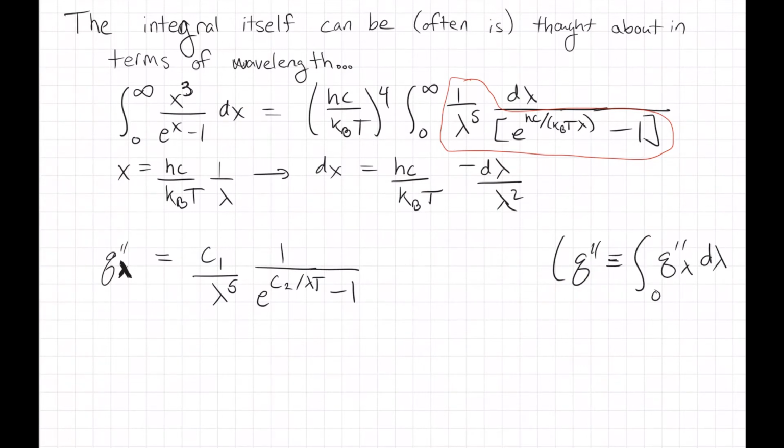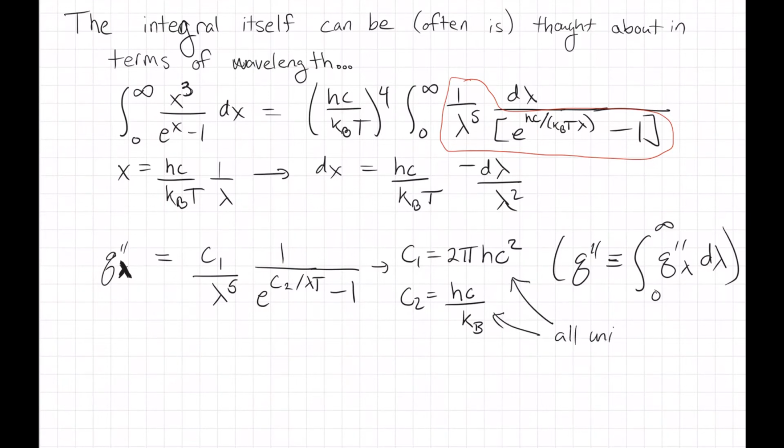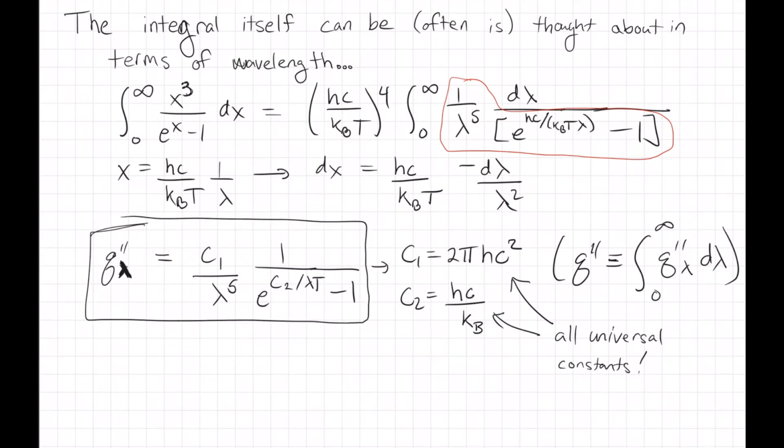And of course, if I integrate that wavelength-dependent heat flux over all wavelength, I would get back the total heat flux going through my surface element. And we can identify what those constants are. They're all based on the speed of light, Planck's constant, and the Boltzmann constant. All known constants of the universe.